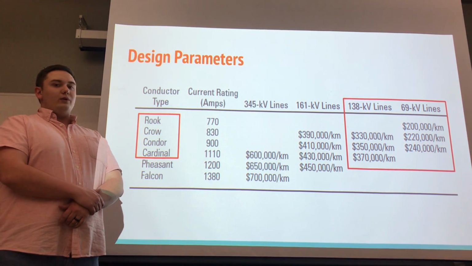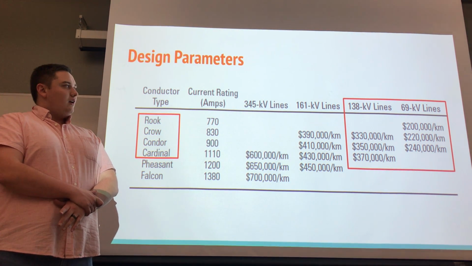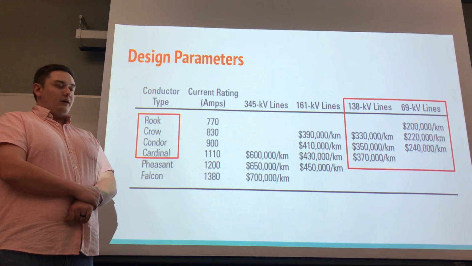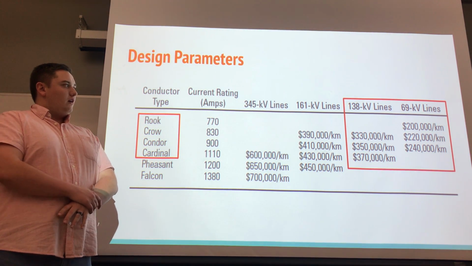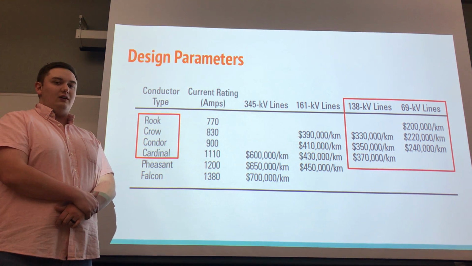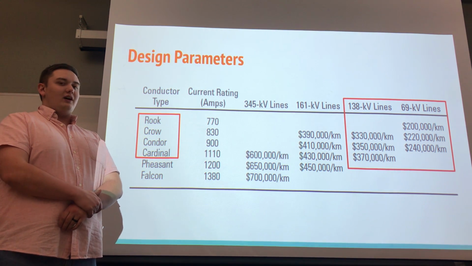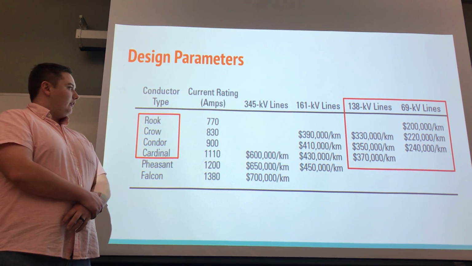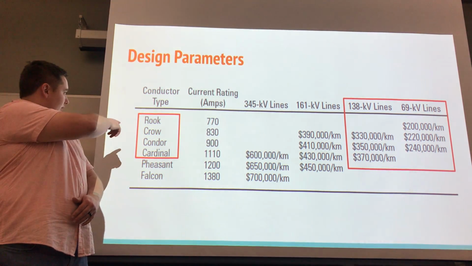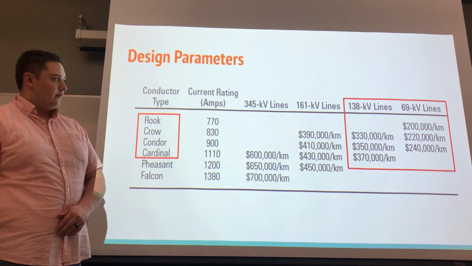So for our design, we only needed to use 161 kV lines and a 69 kV line. However, our primary load, Tulip, was a 69 kV load, so we had to create a separate bus that was a 138 kV bus that we then transformed down to 69 kilovolts. And again, you can see all the different lines, only from Rook to Cardinal, were used for our design.